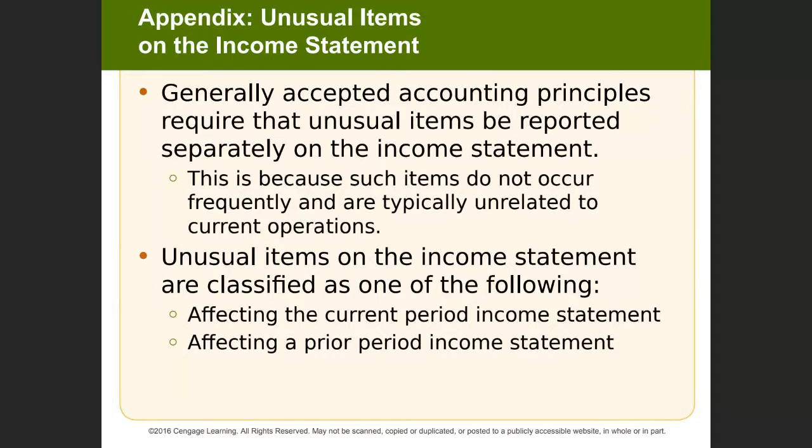Unusual items on the income statement are classified as affecting the current period income statement or a prior period income statement. The current period would be the period that we're in. So if we're looking at month to month, we're currently in February, so this is our current period. January would have been our prior period.